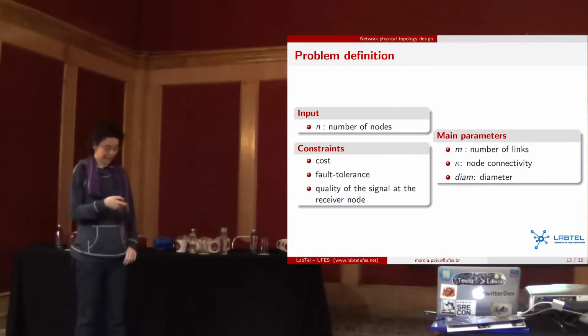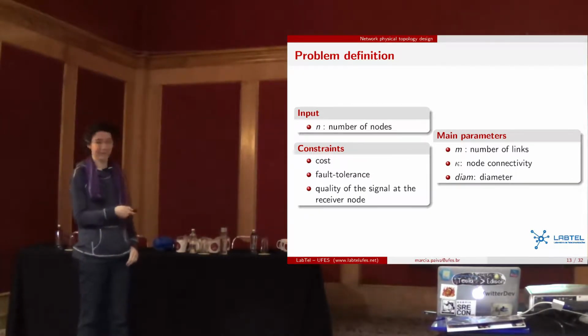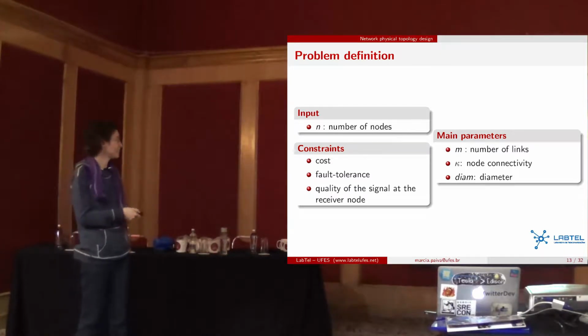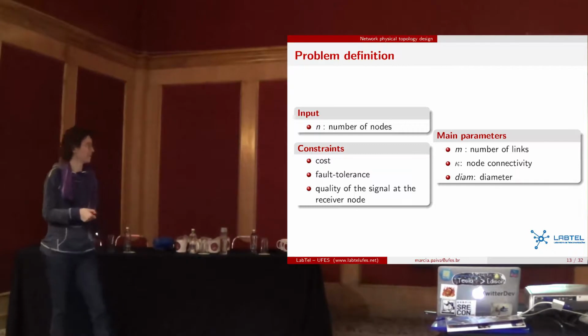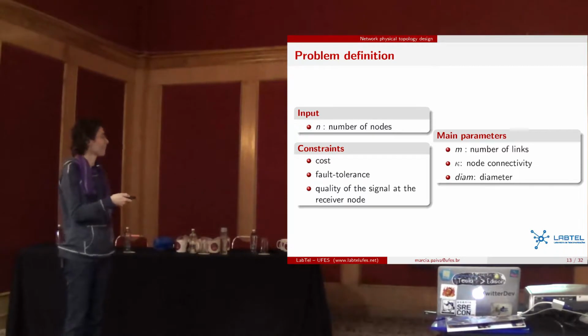And just as an example, from that list, we have chosen the first solutions of the network design problem. We have chosen the number of links representing the cost, the node connectivity representing the fault tolerance, and the diameter representing the network delay.